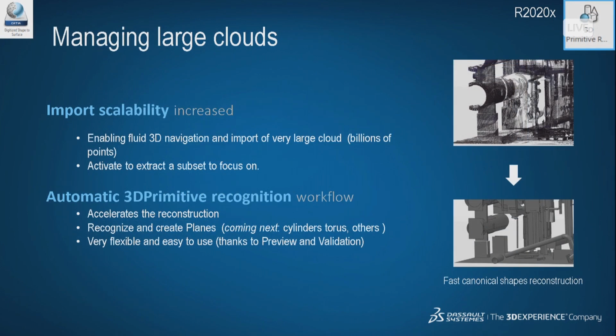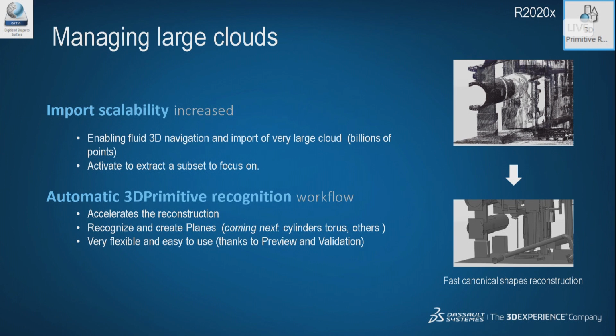In the digital shape to surface application, we are, as mentioned, improving the scalability of the import command. I did not mention it, but it is also, of course, available in the digital shape preparation application. You are able now to import much bigger clouds, billions of points.